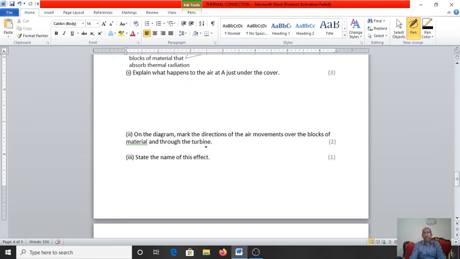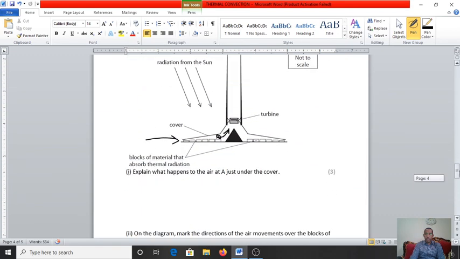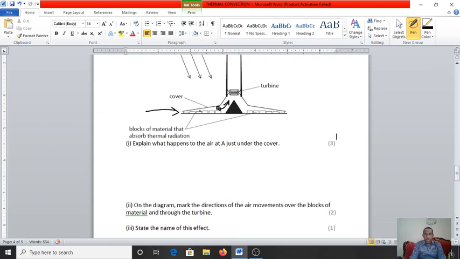On the diagram, mark the directions of the air movement over the blocks. So here, we need to show how the air moves. Actually, this air should move like that, towards the right and up. Then once it's inside this tower, it should go up like this.